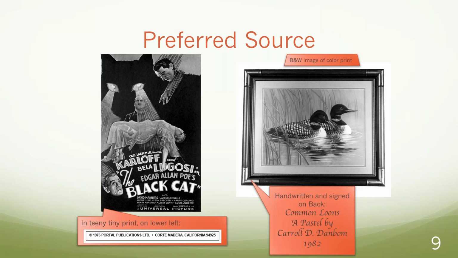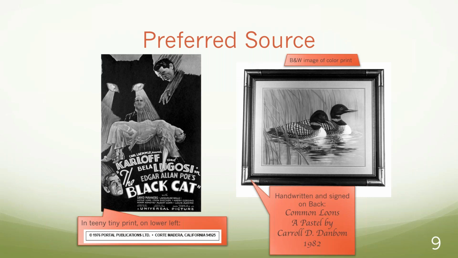And if you look at the poster in teeny tiny print, which doesn't come out on this picture, we see a copyright date, and we see a location, and we see an agency responsible for publishing that particular poster.